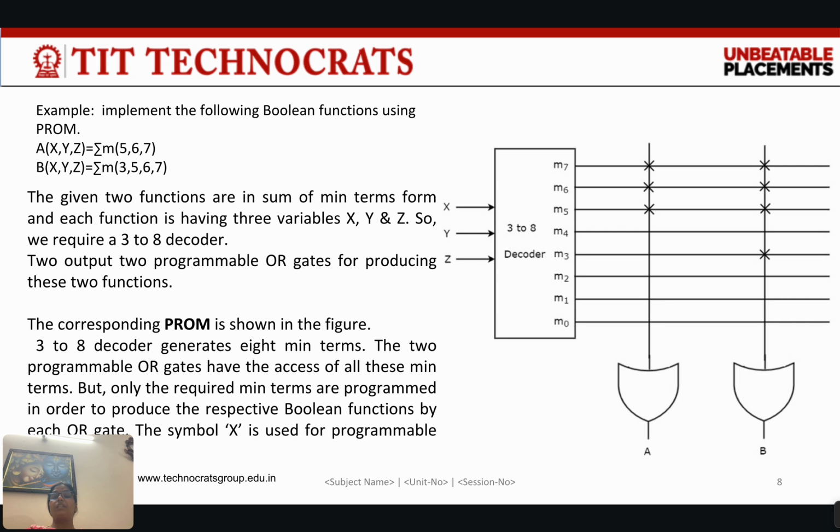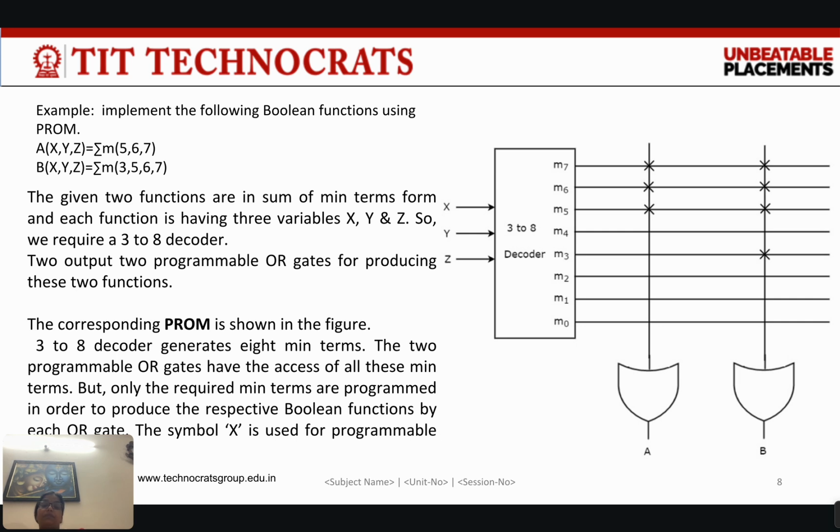So we have selected the 3 inputs x, y and z, and with the help of the decoder these 3 inputs can be converted into 2 to the power 3, that is 8 outputs. These 8 outputs, which are the outputs from the AND gates, are the minterms.